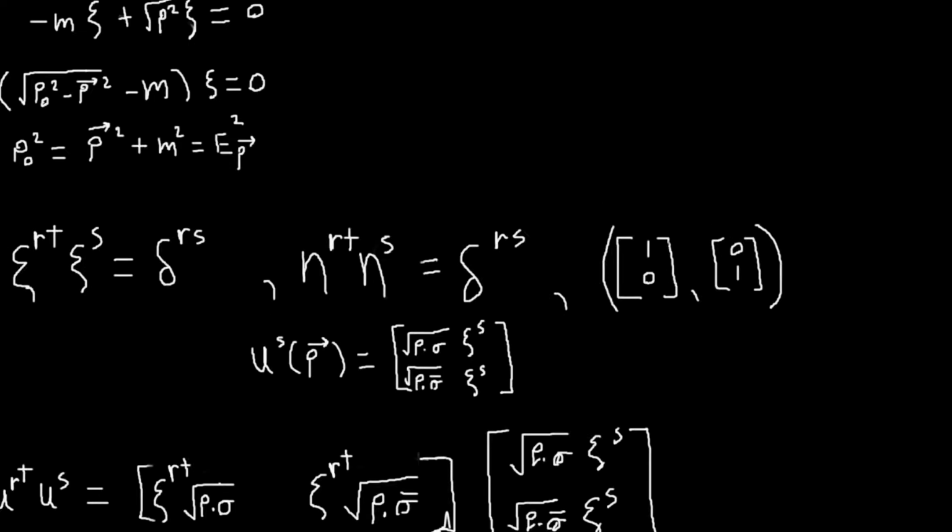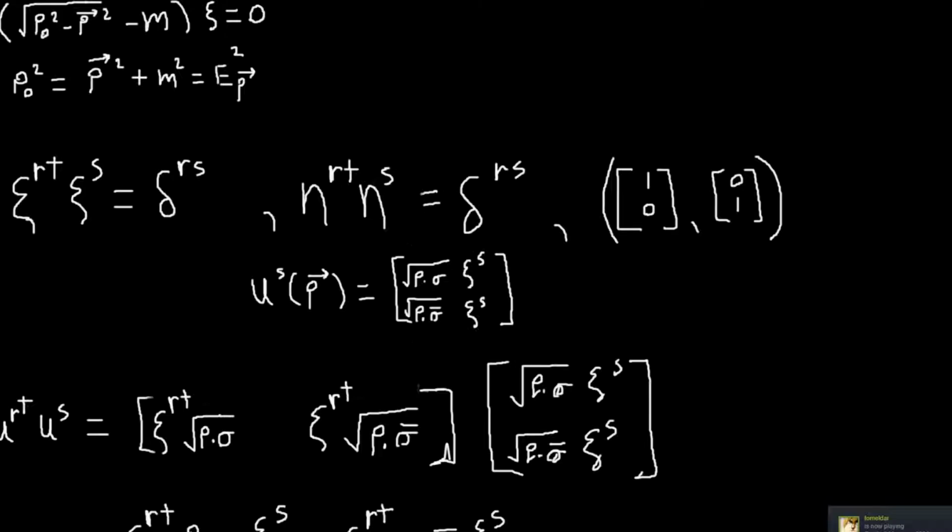For example, just (1, 0) and (0, 1). And so I could build any two-component spinor out of these basis spinors.